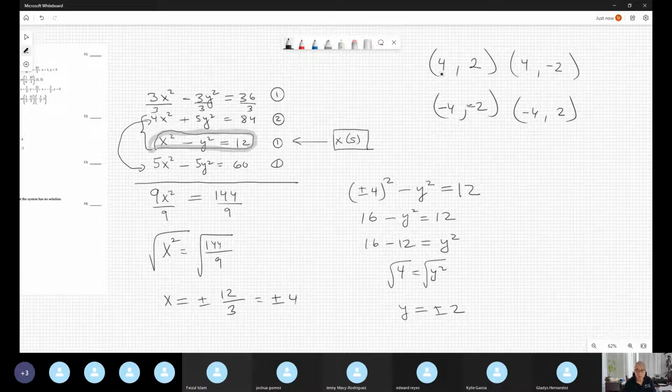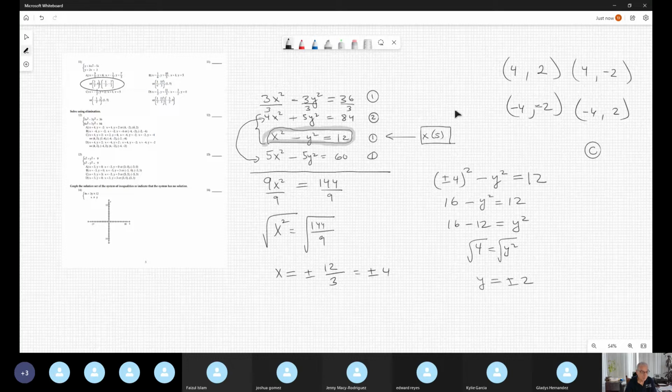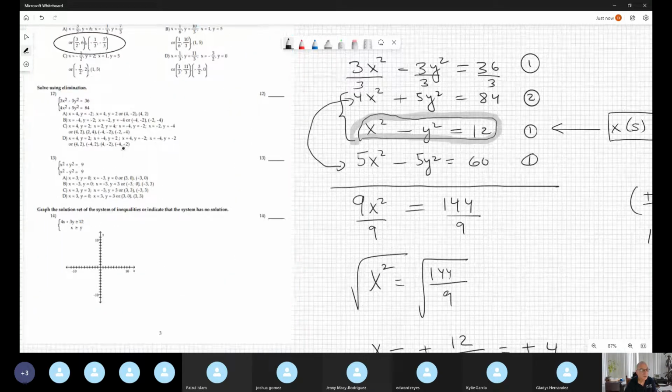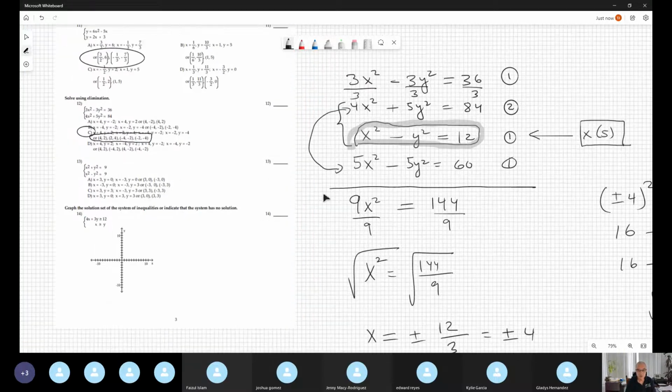Yeah, we get option C. Number 12, option C. Look at that, 4 solutions, 4 ordered pairs. Option C. Cool. Any question? Easy, huh?